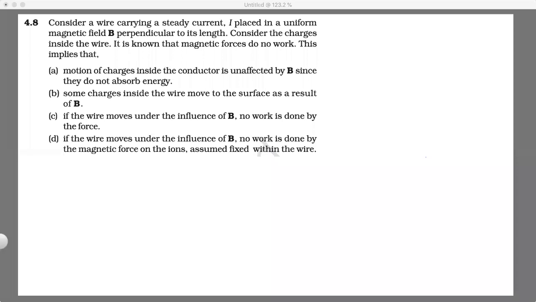Consider the charges inside the wire. It is known that magnetic forces do no work. This implies that... So what is happening here? There is a conductor carrying I, and there is a field which is perpendicular to it, B, right?